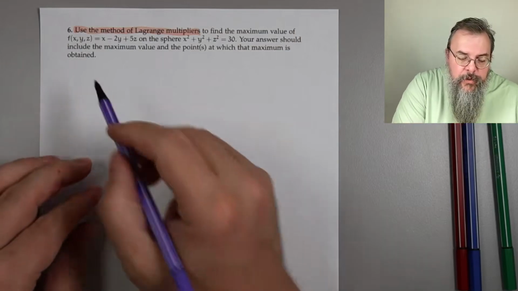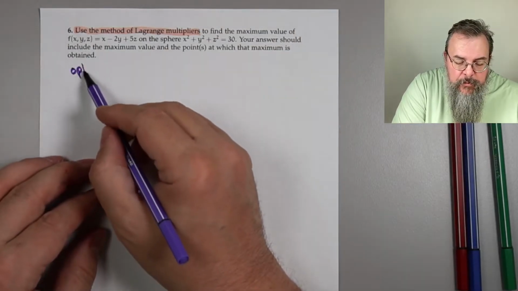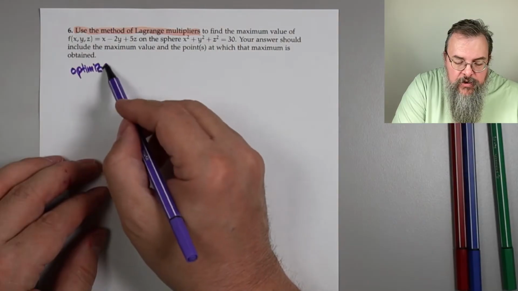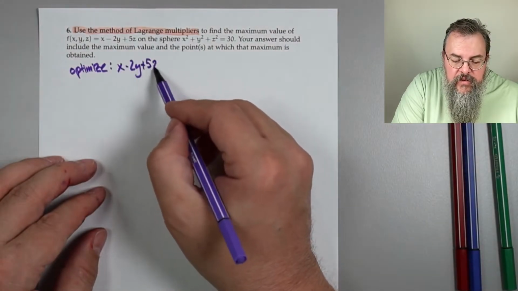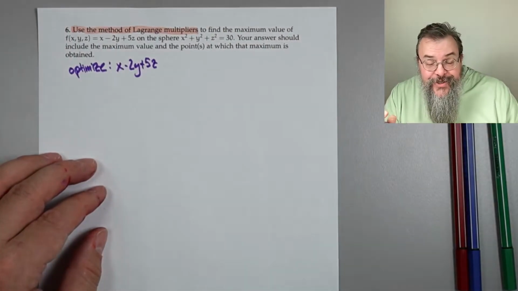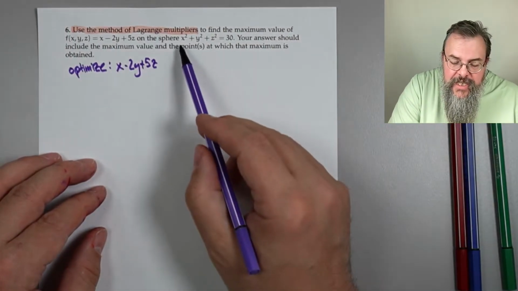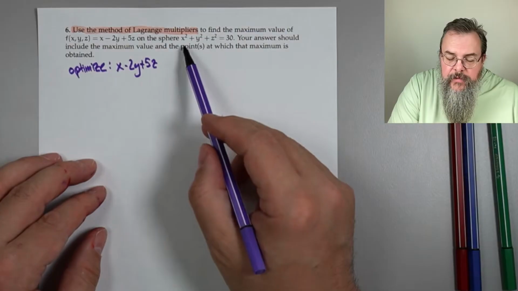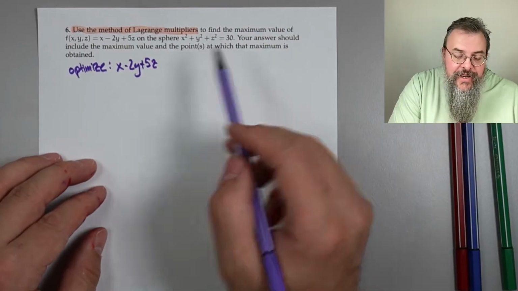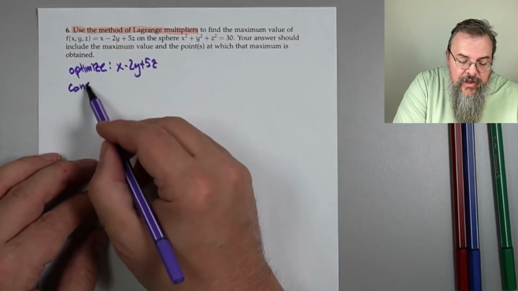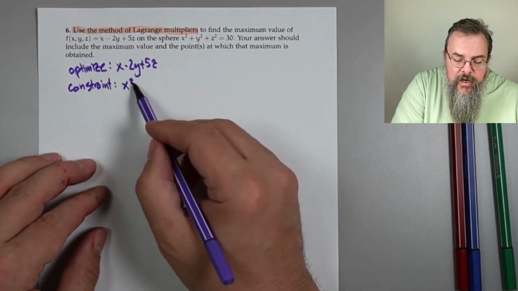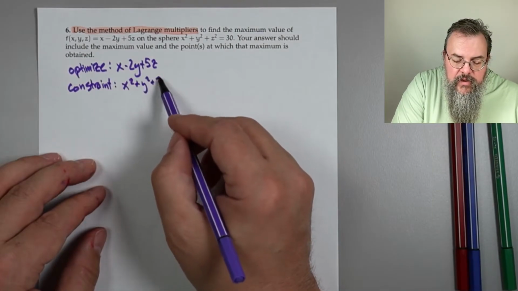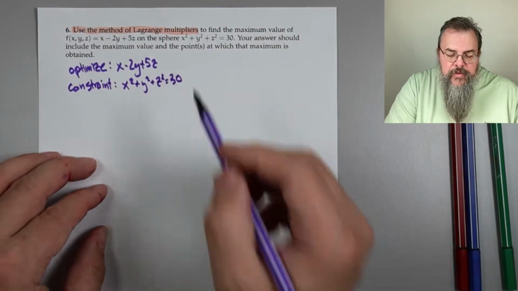Well, we know what we're trying to optimize because it tells us we're trying to optimize x minus 2y plus 5z. We know our constraint because we can see there's an equation involving x, y, and z equals a number. So that's your constraint, x squared plus y squared plus z squared equals 30.